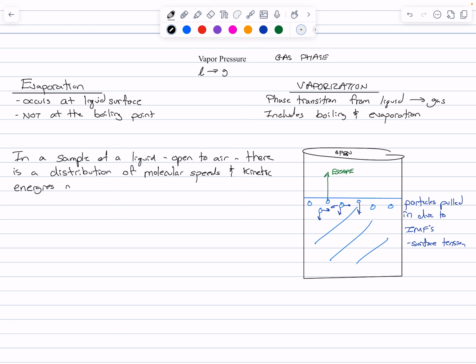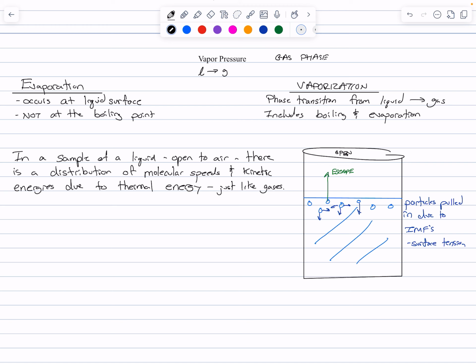And this is due to thermal energy, just like gases. When you think about 18.02 milliliters of water at 4 degrees Celsius, you have on average 6 times 10 to the 23rd water molecules.